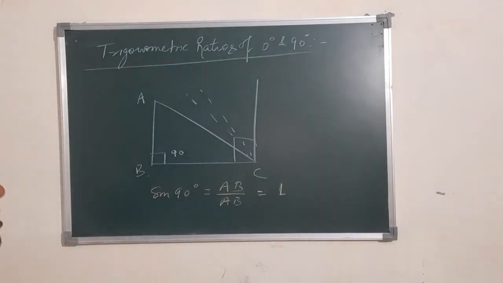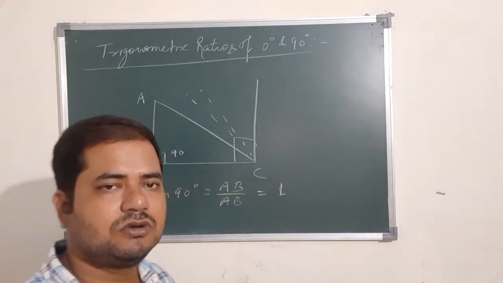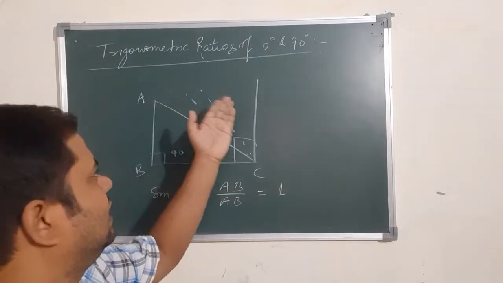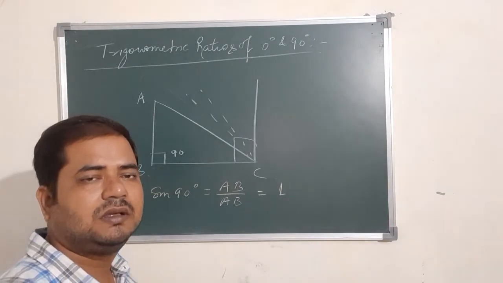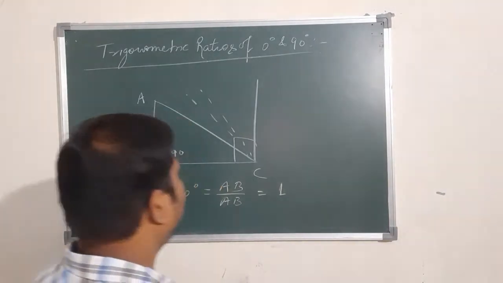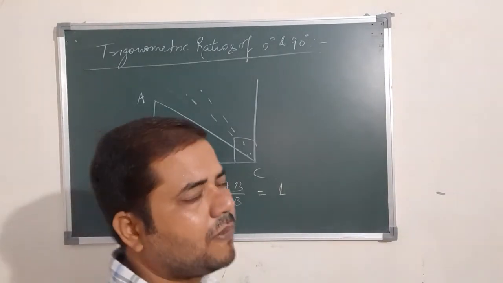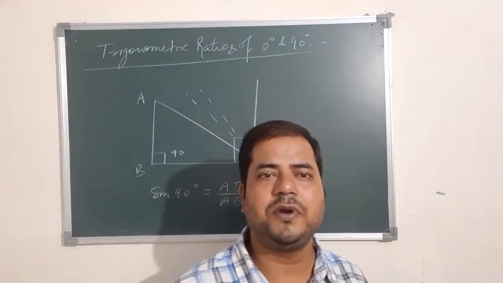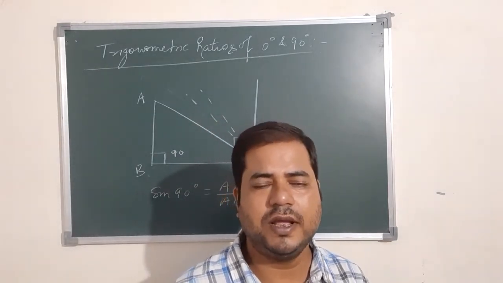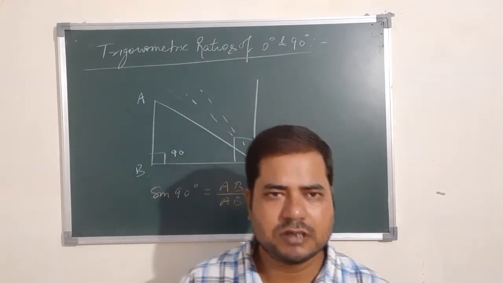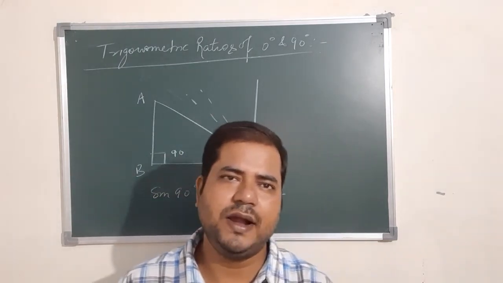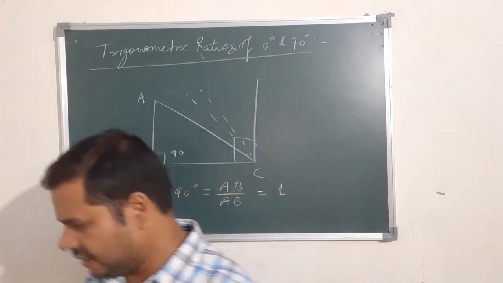And if we see cos 90, cos 90 is obviously 0 because there is no line like this. Similarly tan 90, perpendicular upon base: something upon 0, this is undefined, that means infinite.